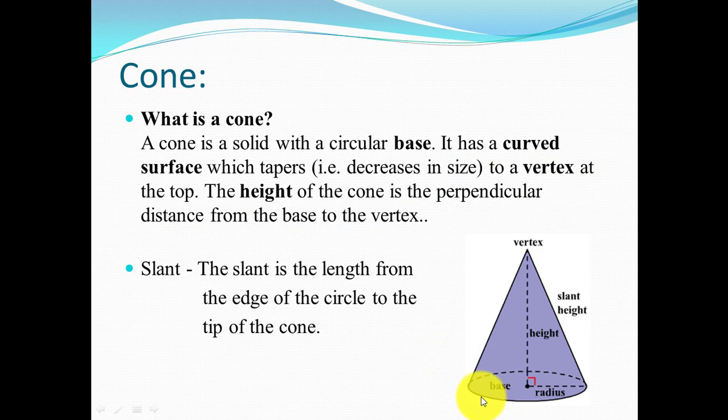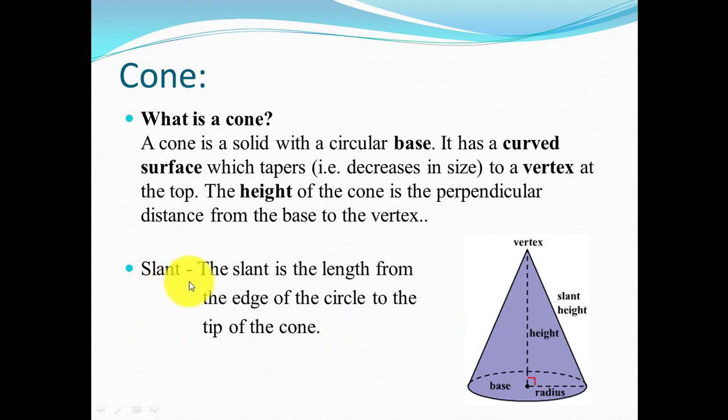As we move toward the vertex, which is this point, the size of the circular base decreases. The height of the cone is the perpendicular distance from the base to the vertex. It is a perpendicular distance.